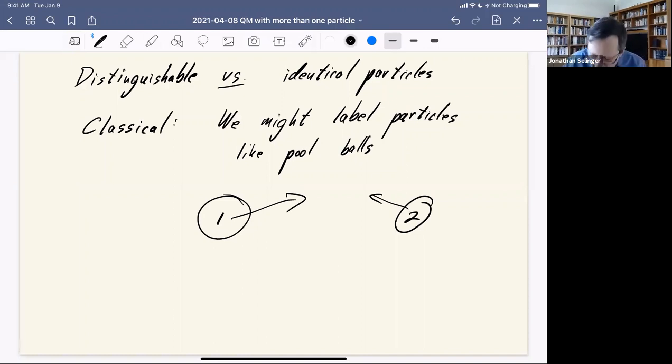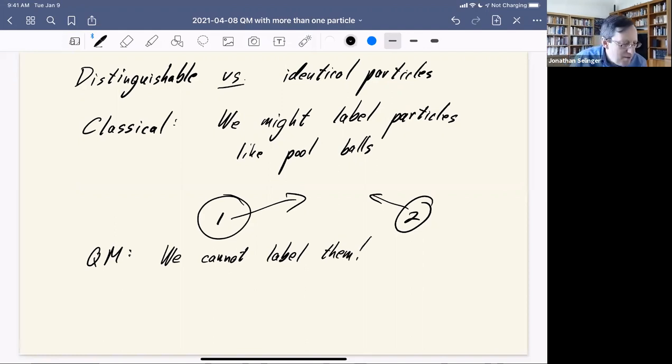In quantum mechanics, the idea is that we cannot label the particles. There really is no distinction between them. They are indistinguishable if they are the same type.